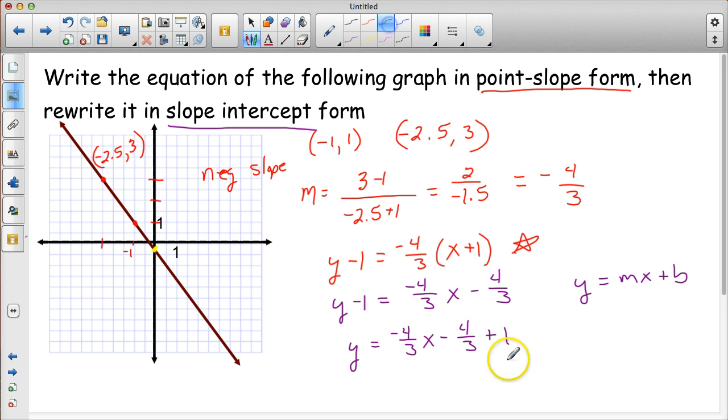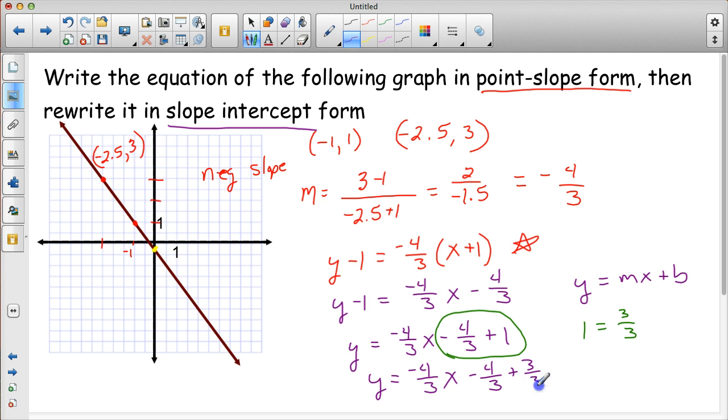But I noticed something. I can combine these. They're like terms. But in order to combine fractions, I have to have common denominators. Well, I do know that 1 is the same thing as 3/3. So I can rewrite this equation to be y equals -4/3 times x minus 4/3 plus 3/3.